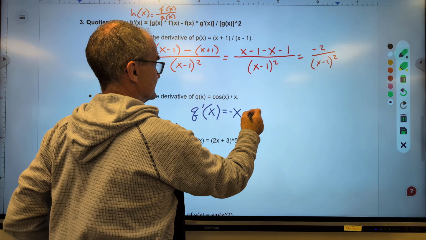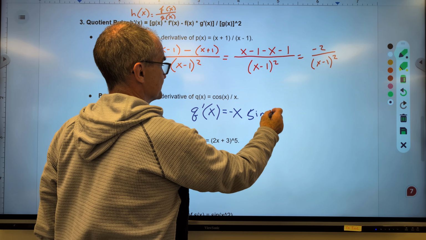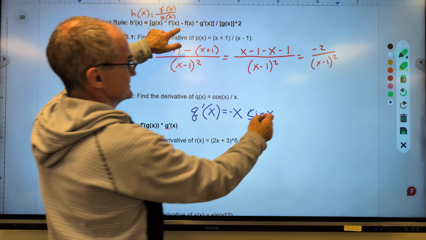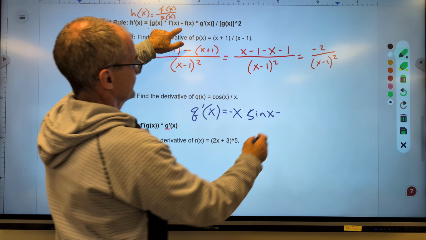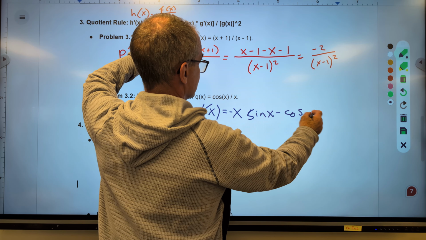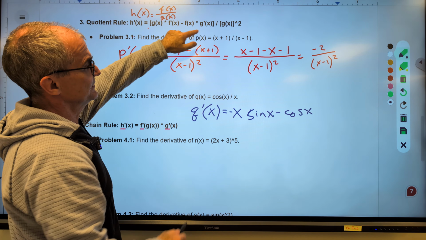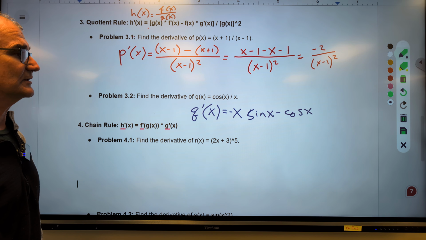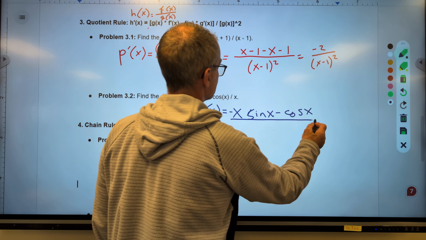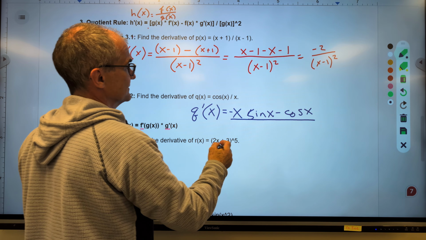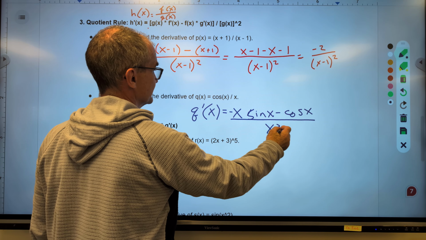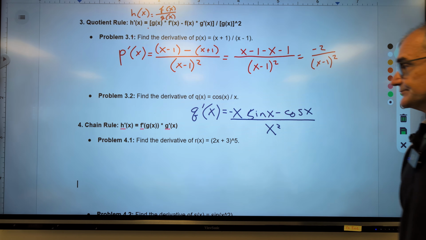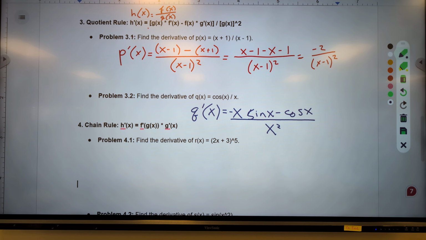Negative sine x minus the numerator, cosine of x, times the derivative of the denominator. Derivative of x is just 1. All divided by the denominator squared. The denominator squared is x squared. Same thing here. I can't cancel anything or pull anything out.